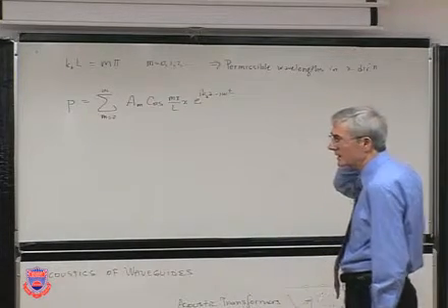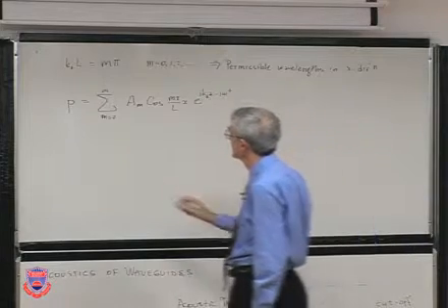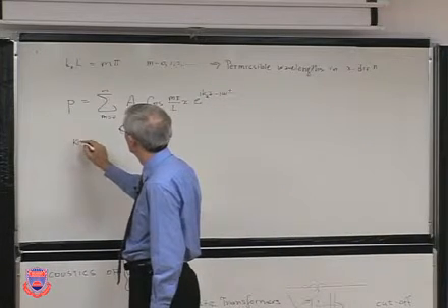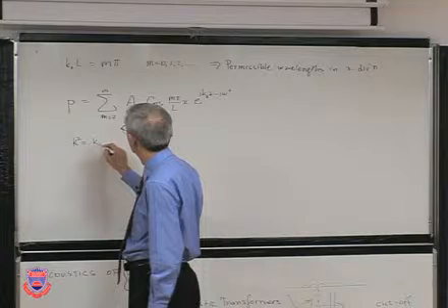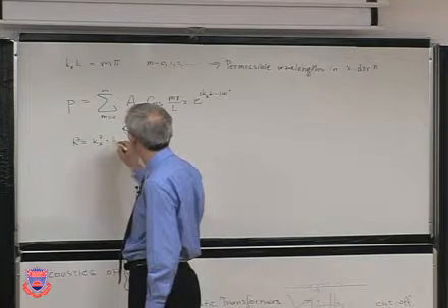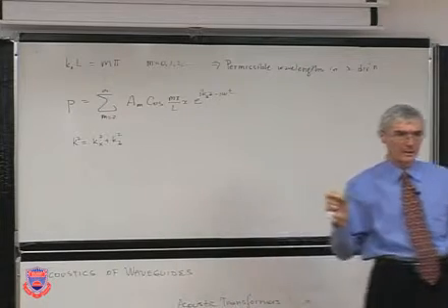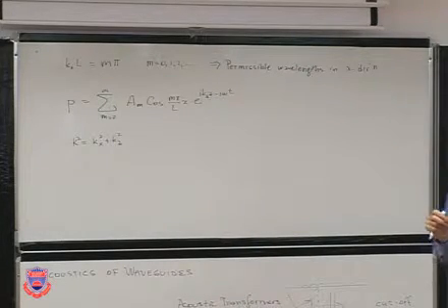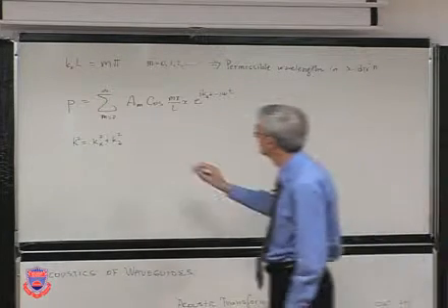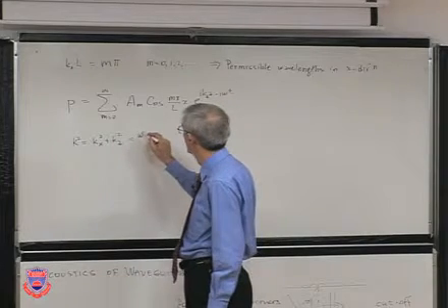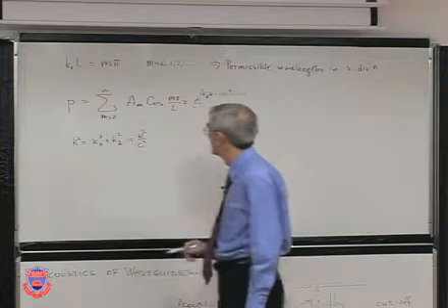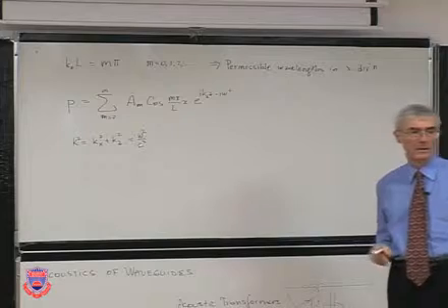Now, there's an interesting issue here. We remember the components of the wave number. The sum of their squares should be equal... okay.